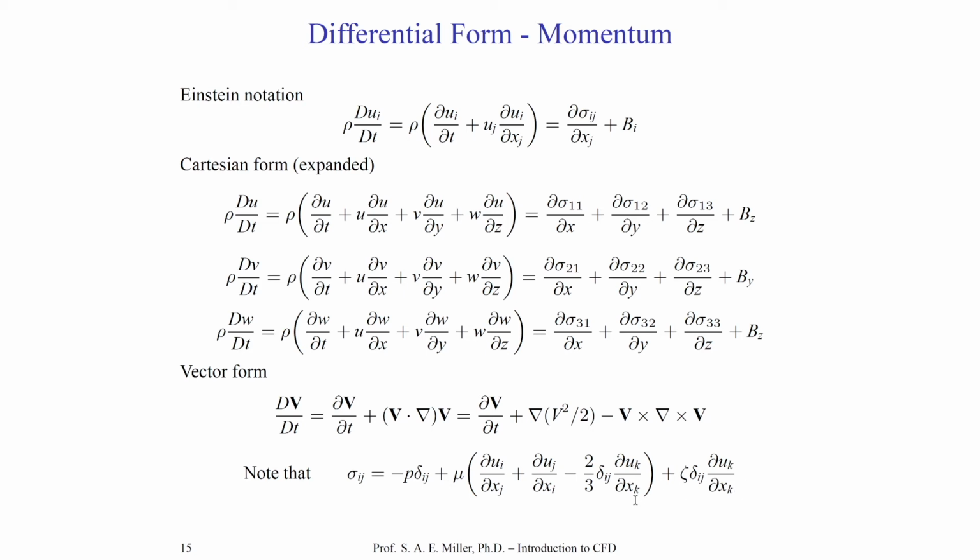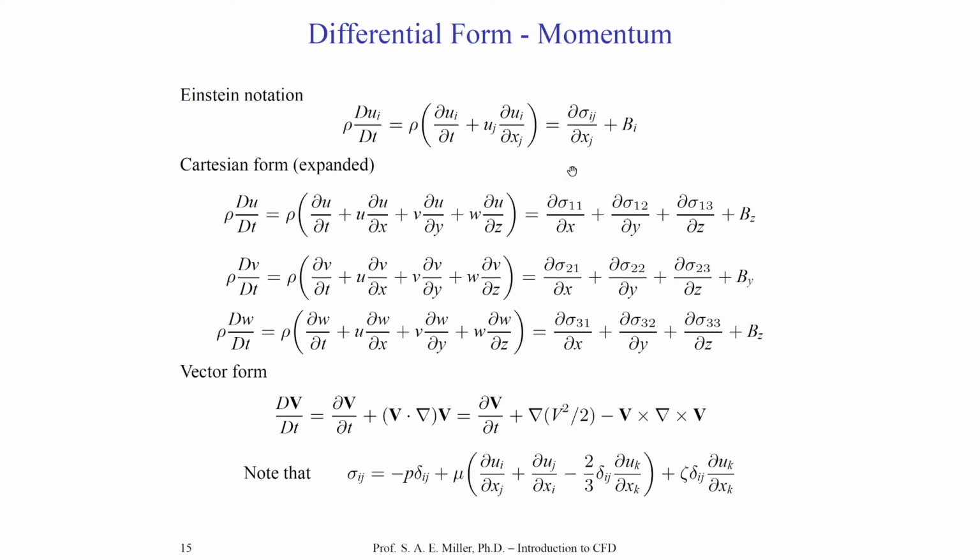Now, let's talk about the Kronecker delta function. The Kronecker delta function will be 1 when i equals j and 0 when i is not equal to j. Now this term is inserted into, of course, the index form of Einstein notation or the Cartesian form. If we put it up here in this term, then you can imagine we are setting i equal to 1 and letting j sum from 1 to 3.